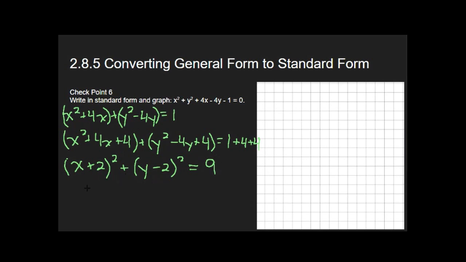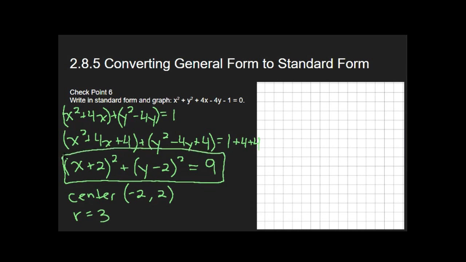So this tells us that our center is at -2, 2, and the radius is 3. Here's our equation in standard form, and there's the information that we got from that. So now we have enough information to graph this.